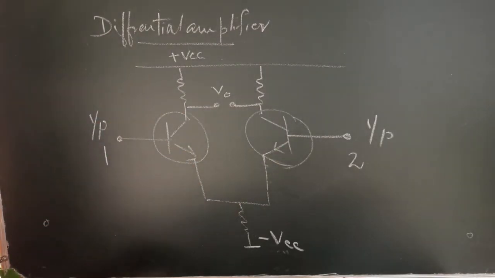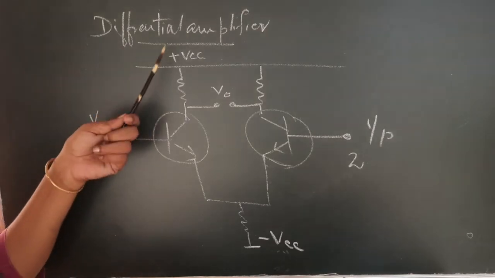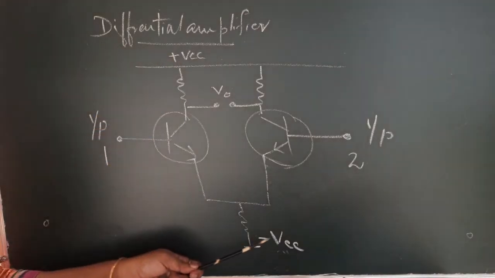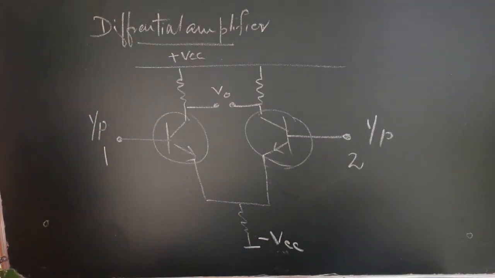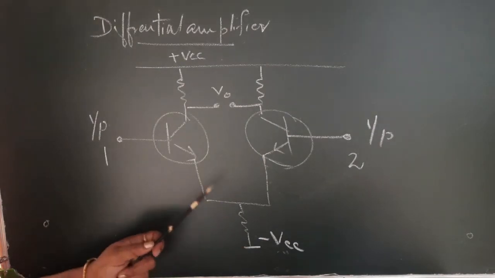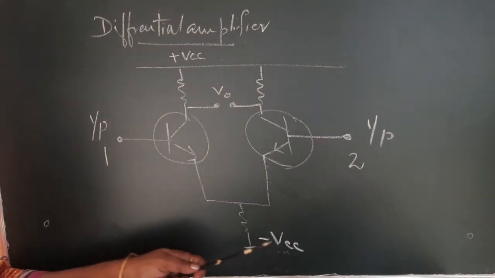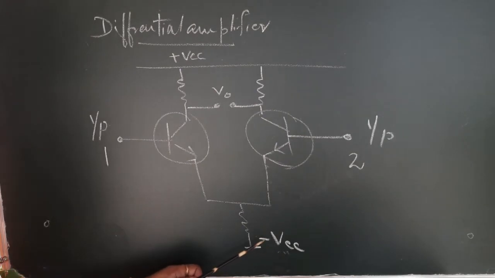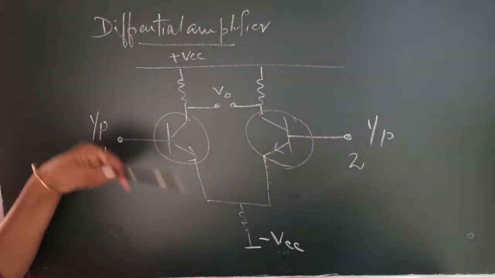One thing to be noted here is, here this is plus VCC and this is minus VCC. It is not in fact the ground. I mentioned it as minus VCC. That is, you require a dual biasing here.